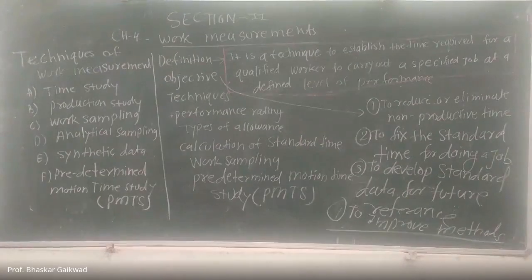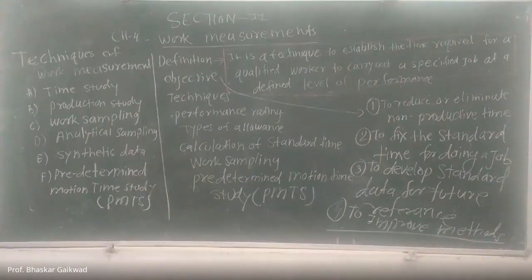To calculate this, first of all, we have to calculate how much time is required to manufacture that particular product. On the basis of that time, we can give salary to the workers, and overhead to the organization. So we use work measurement for cost estimation purposes.